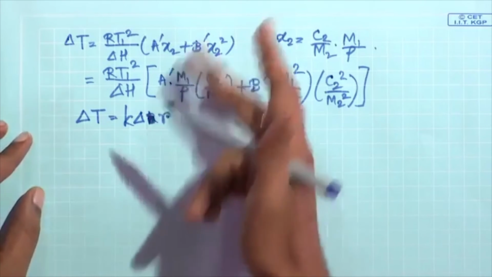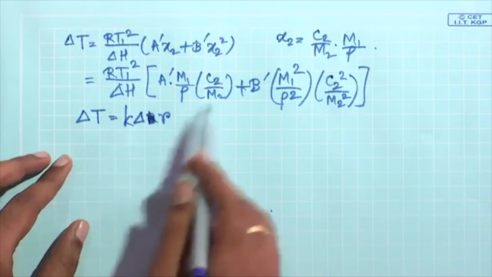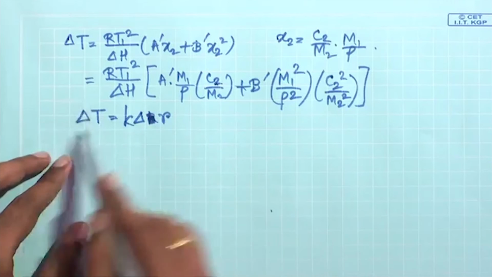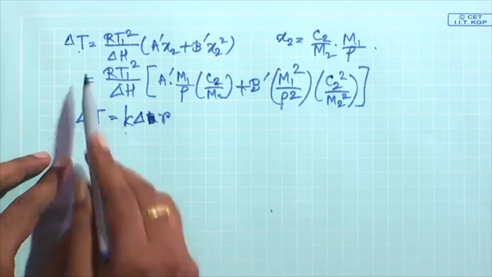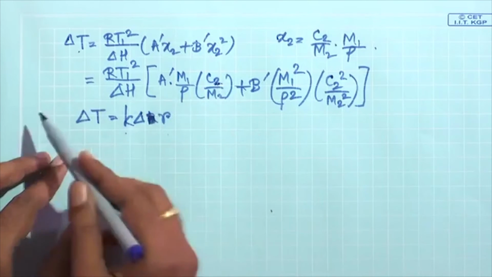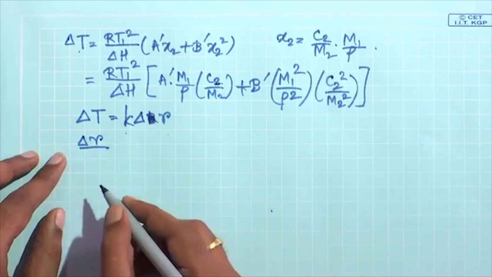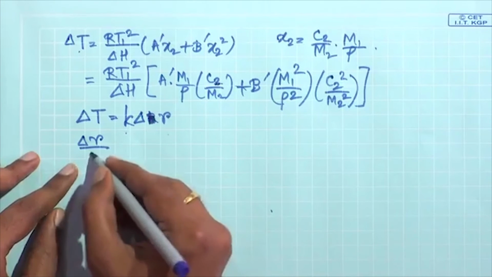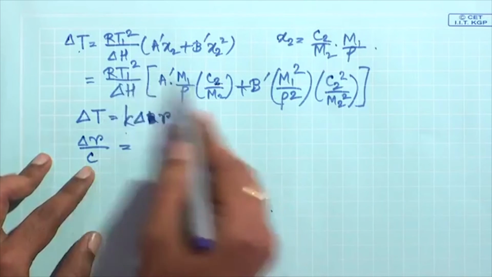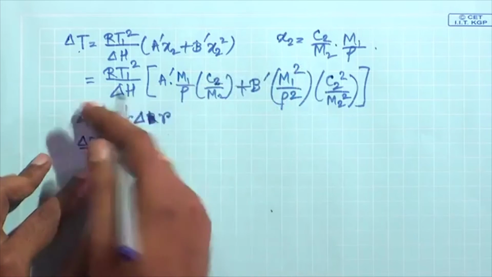So, if you take these two equations into account, then this C2 will come on this side. So, this delta T equals K into delta r. So, that K, that constant will come on this side and your concentration will come on this side. So, ultimately you will have an expression like this: delta r divided by C, this is the concentration, equals some constant, because these will go into the constant and this M2 will still be there, C2 has come down here.